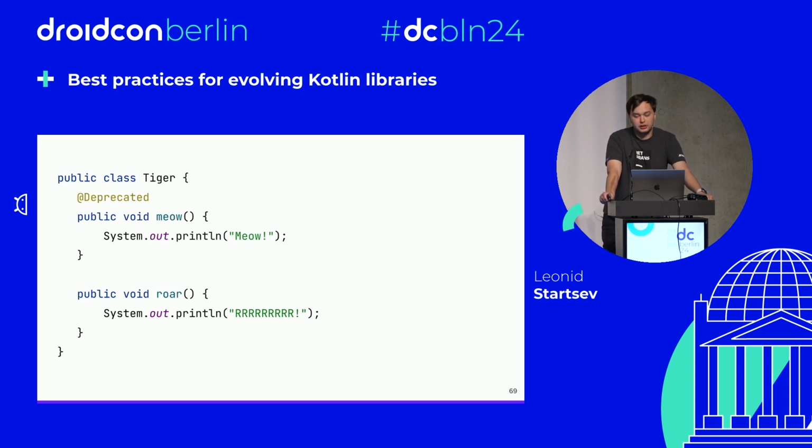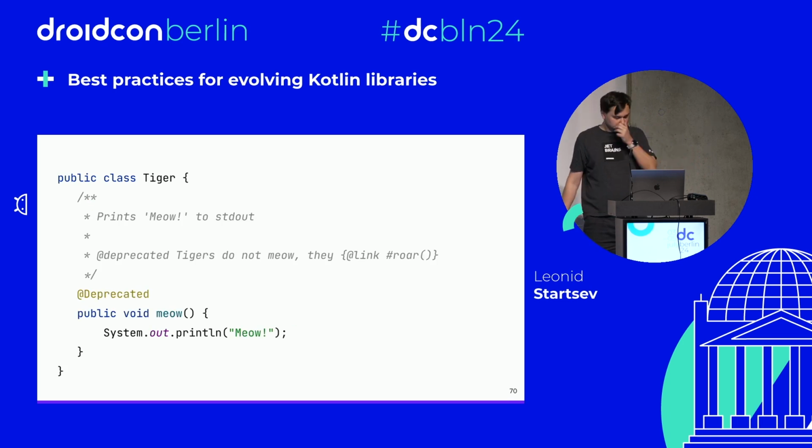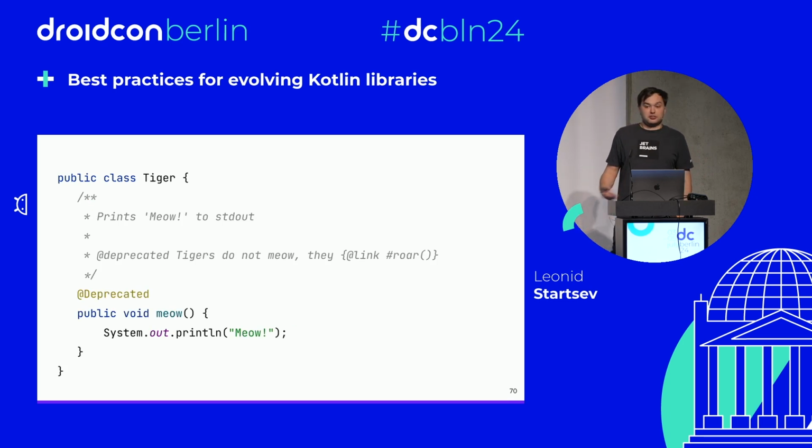But unfortunately, deprecated in Java has some flaws. Like you can often see such code as on the slide. It doesn't tell you why this method was deprecated. It doesn't tell you the reason, and it doesn't tell you what you should use instead. Of course, you can write all this in Javadoc with a special deprecated tag.